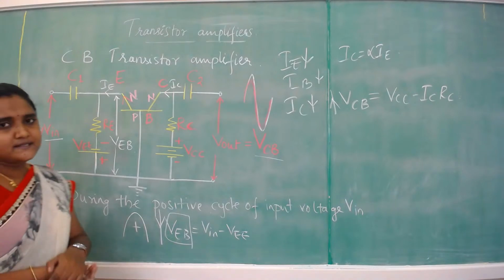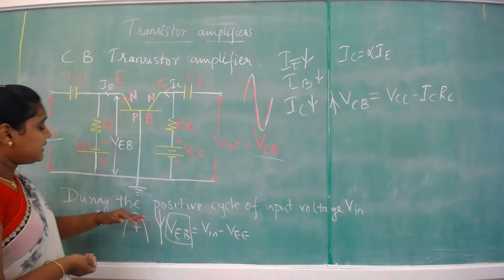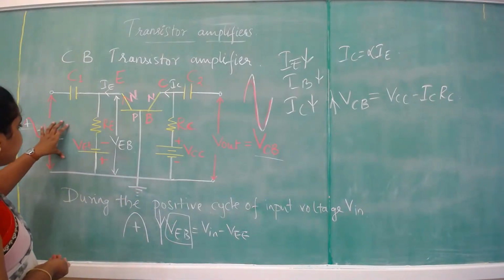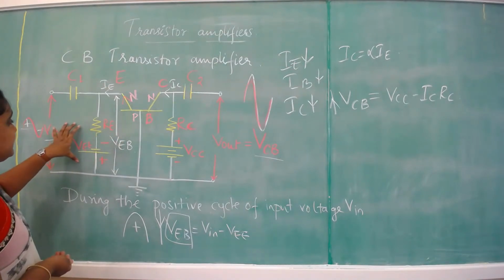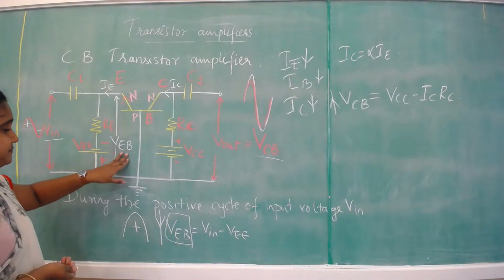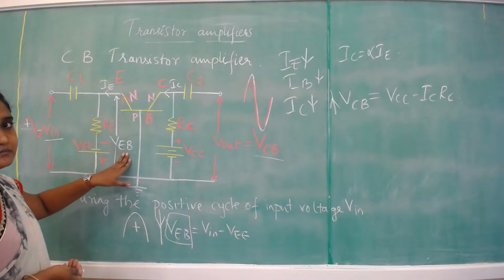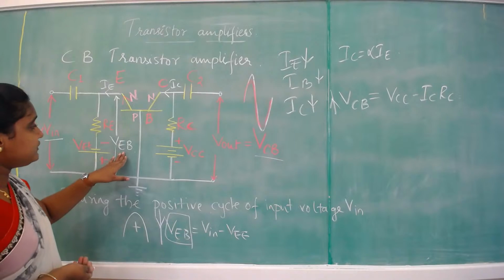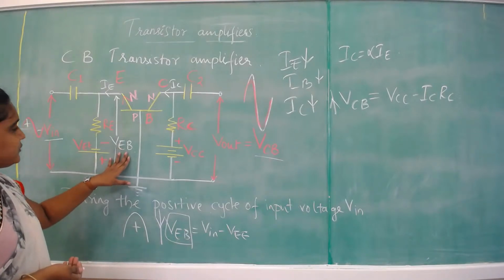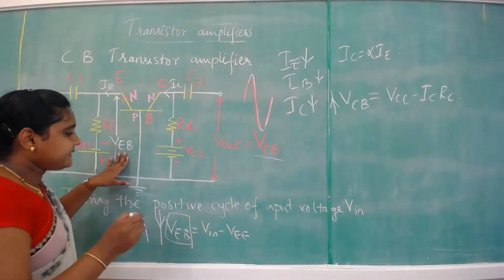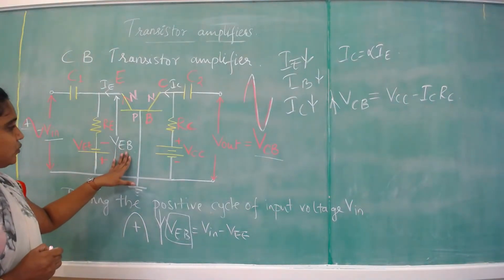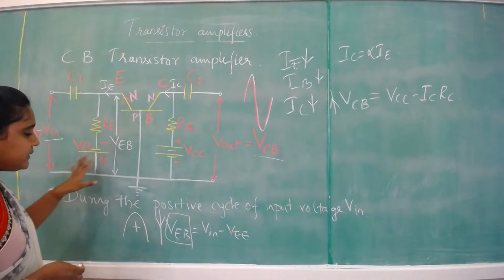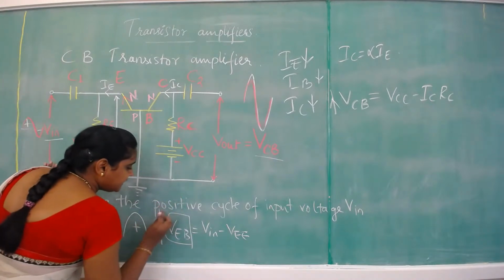Exactly the reverse process happens for the negative half cycle. When we are applying the negative half cycle, the overall effect on the VEB is that it is going to increase.